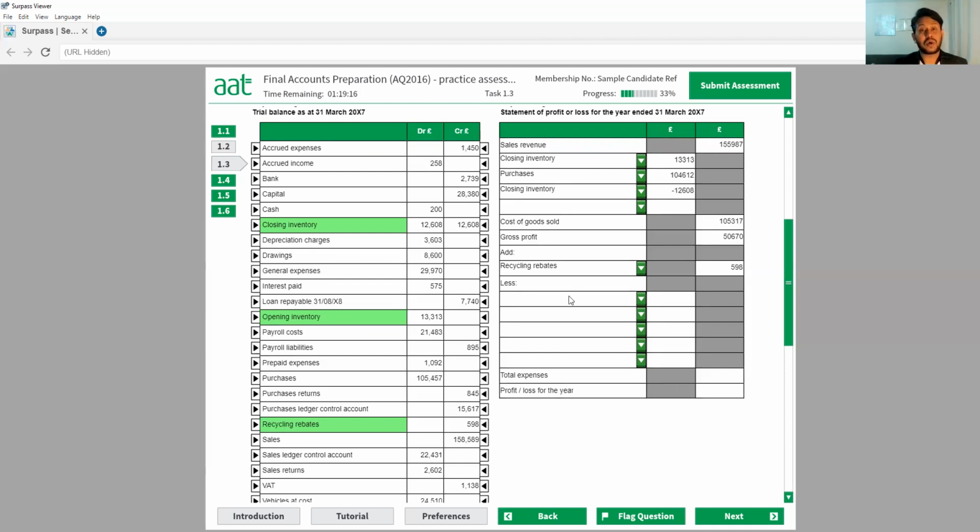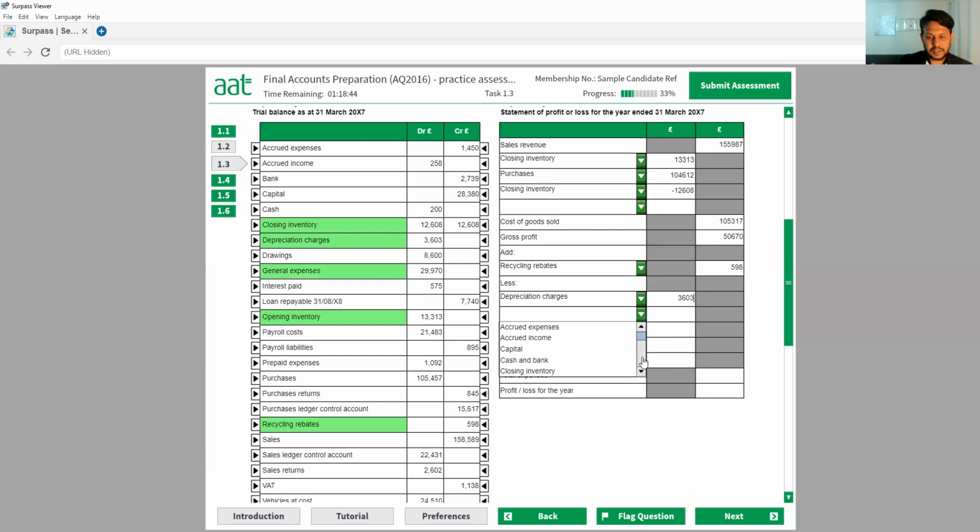After that, we have to minus all the expenses. First thing we minus is depreciation. Let's have a look if we have any depreciation in the question. Yes, we have depreciation, and that is 3603. Then we have general expense.